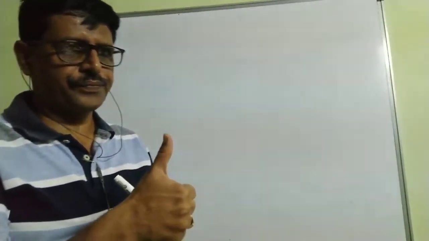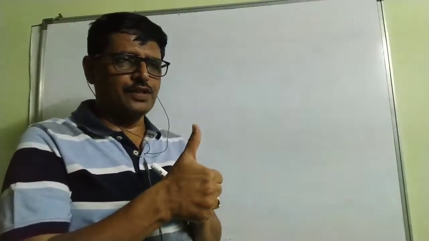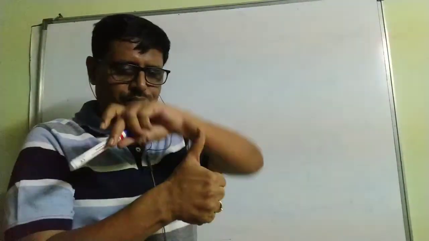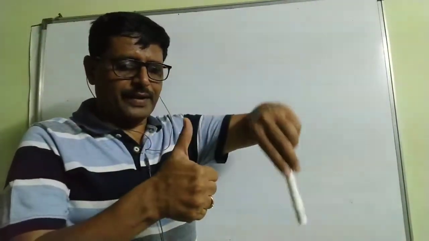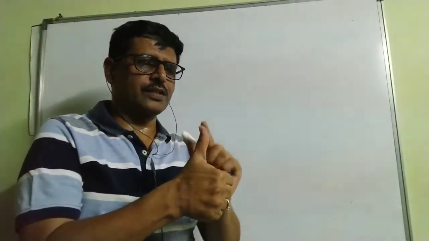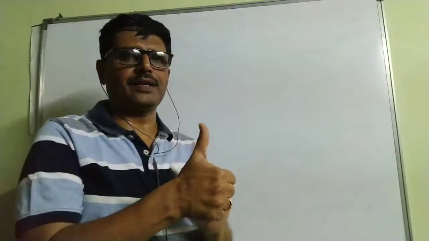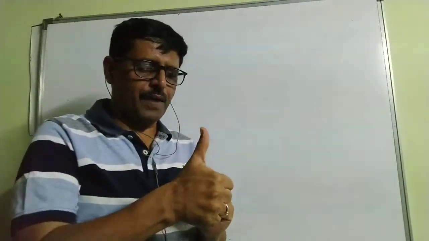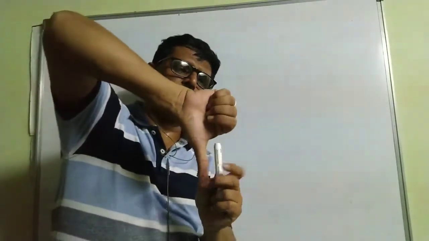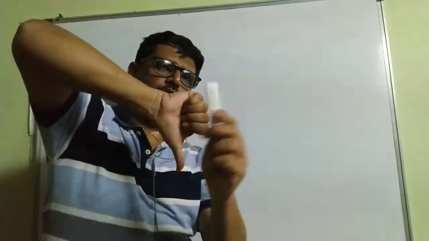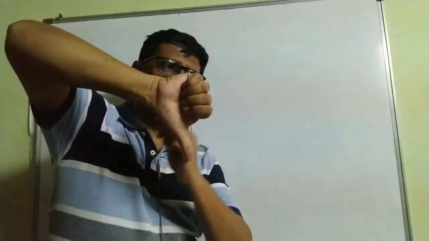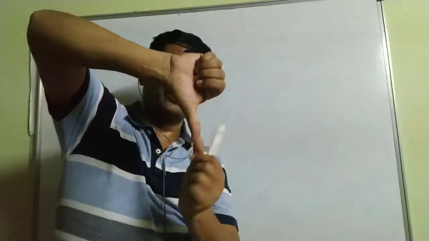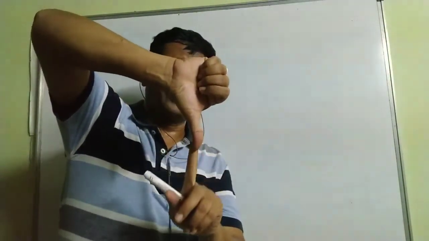If the particle is performing circular motion in an anti-clockwise direction, the outstretched thumb will be in an upward direction. And if the particle is performing circular motion in a clockwise direction, the outstretched thumb will give the downward direction.